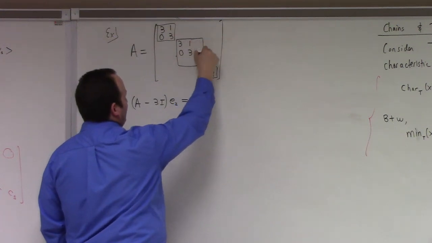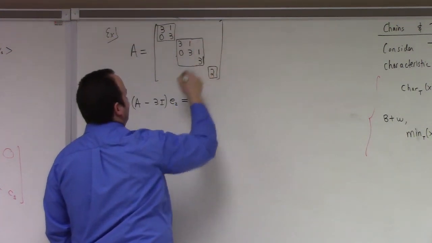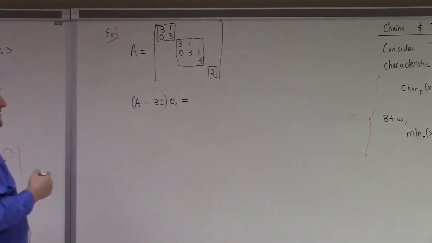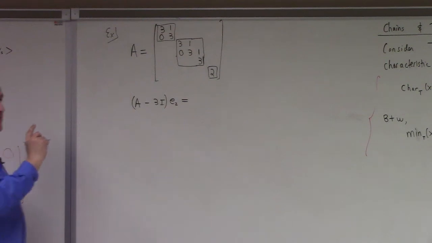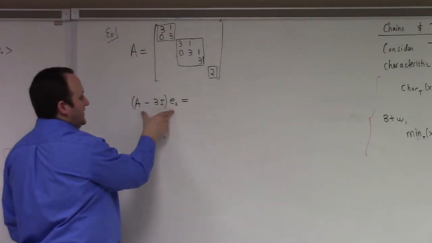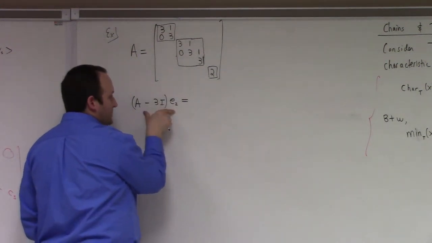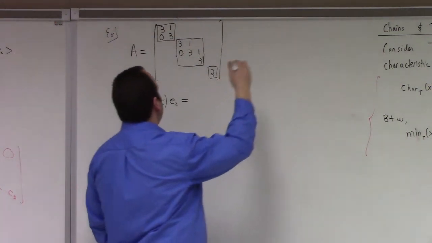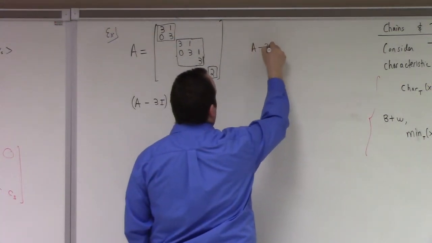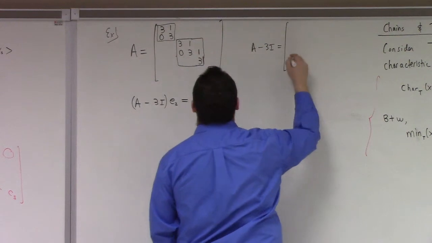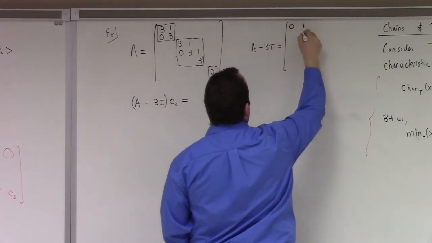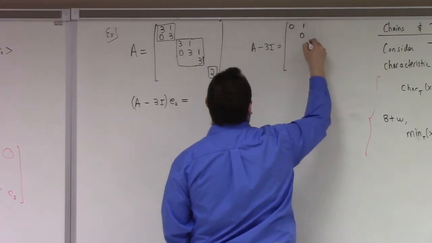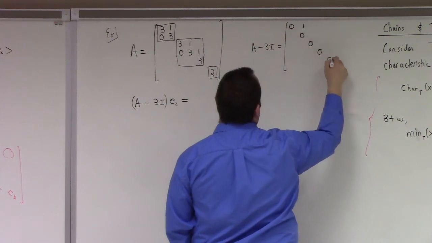Let's see here. It's a mixed bag. A minus 3i times E2 is what? This is the column. So what does A minus 3i look like? So 0, 0, 0, 0, 0.